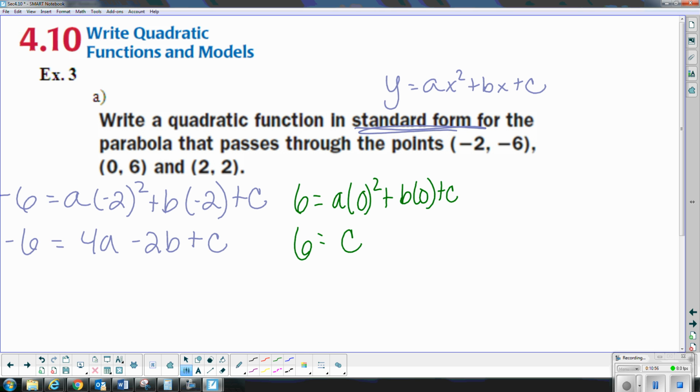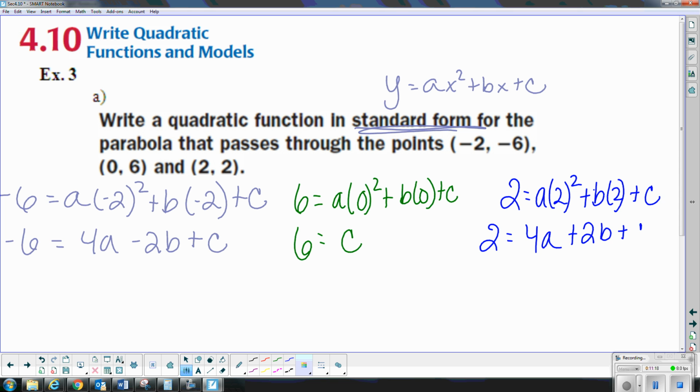And then the third point is 2, 2. So y equals a times 2 squared plus b times 2 plus c. And then again to simplify, we have 2 equals 4a plus 2b plus c.